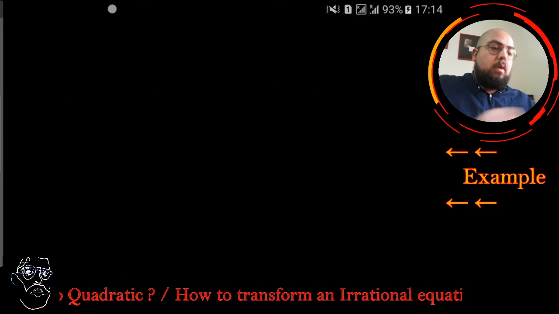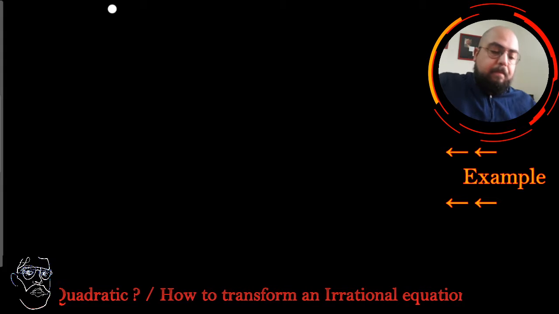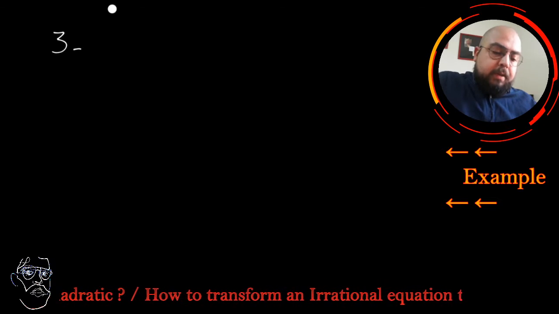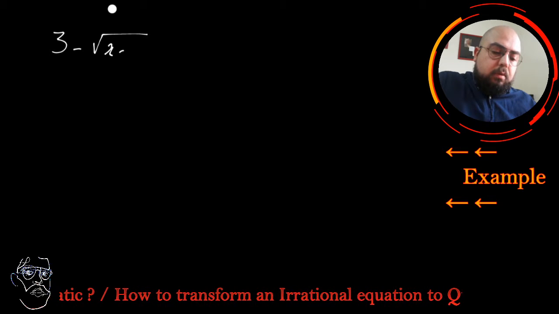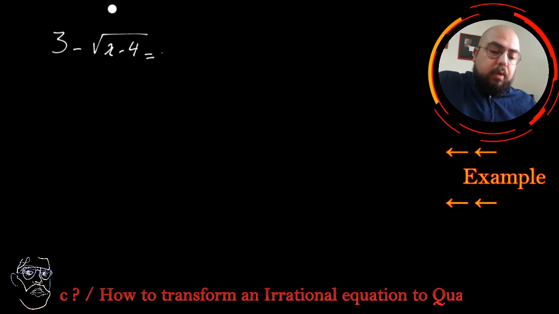So let's say we had 3 minus square root of x minus 4 is equal to x minus 3.